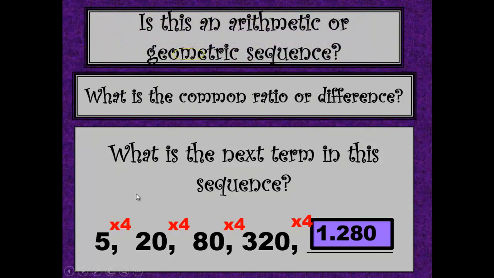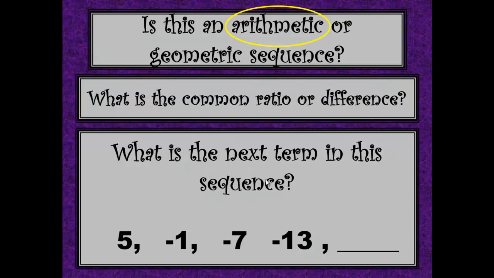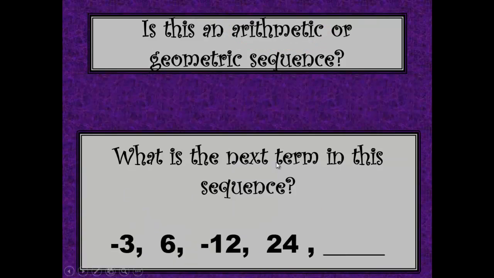Okay, right. How about this one? It is arithmetic, it has a common difference. What is the common difference? Oh, -6. Okay, right. How about this one, guys? Geometric, okay, good.